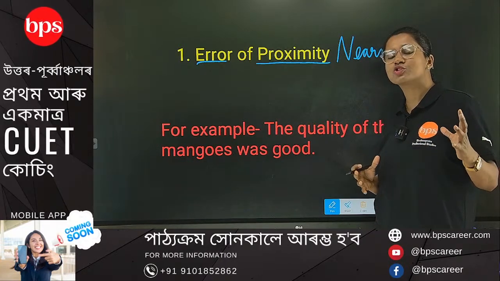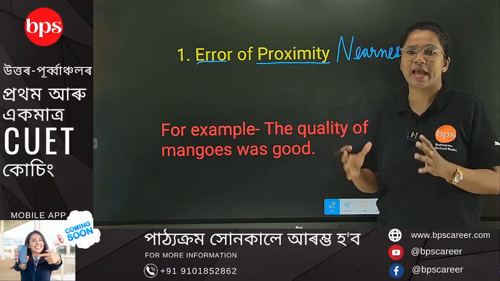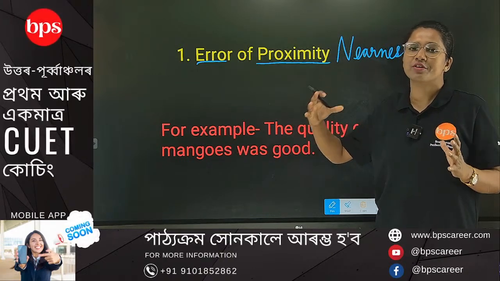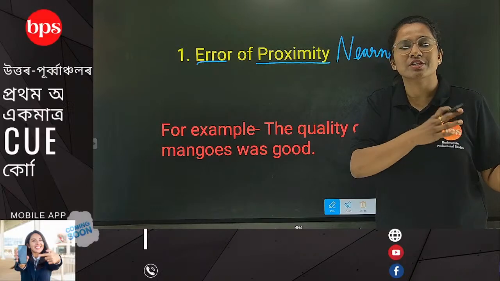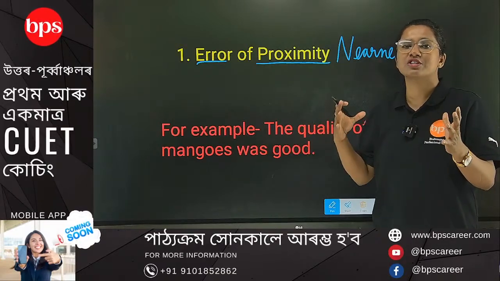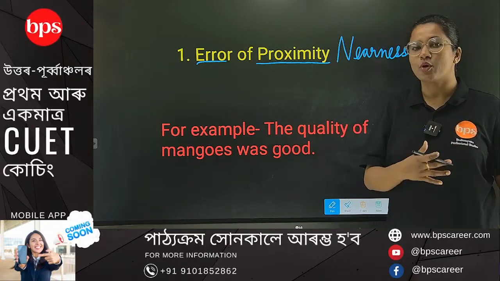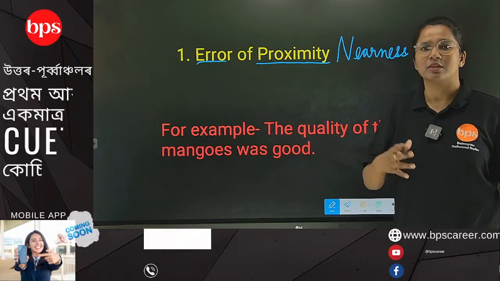So here we need to identify which one is the principal subject, and the entire sentence is describing the subject itself. So additional things which are helping the subject, the noun or the pronoun, are not going to affect the verb.